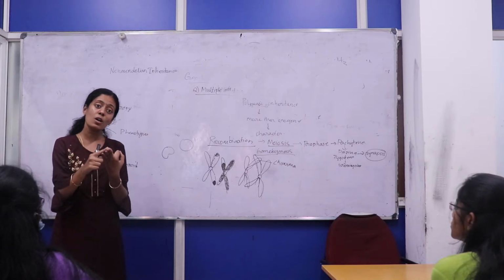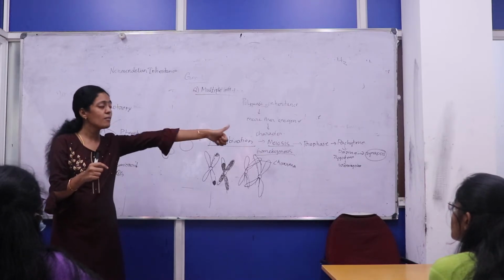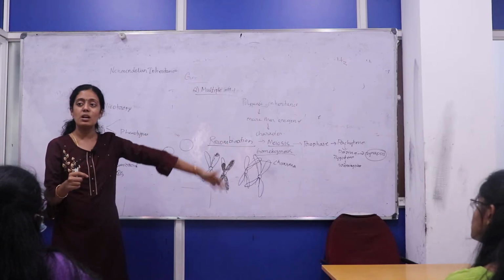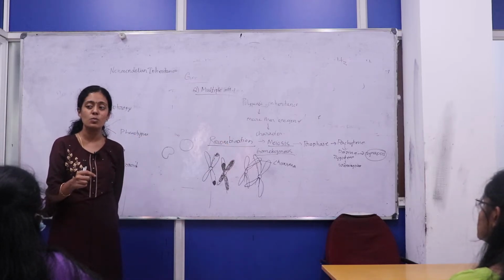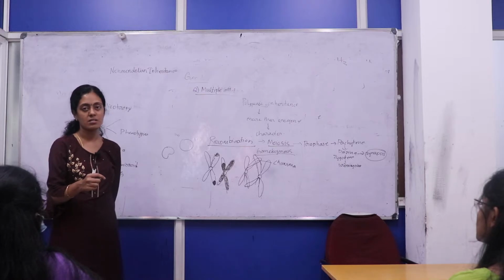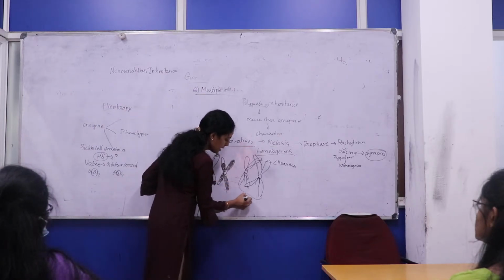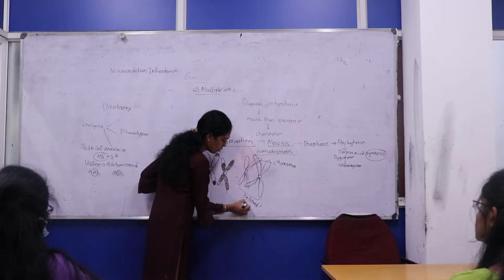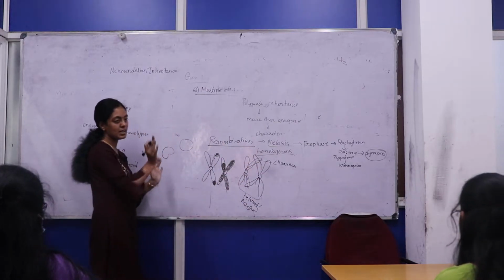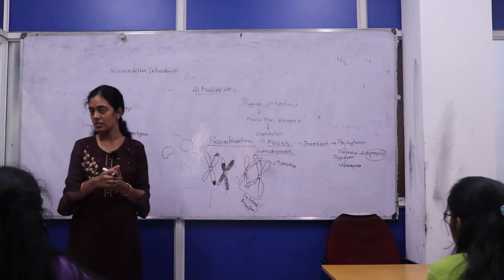But where does pairing of homologous chromosome take place? Pachytene. What is the process of pairing of homologous chromosome called? Synapsis. And these 4 chromosomes, the paired chromosomes, are called tetrad or bivalent. Don't ever forget this. Definitely one question will be asked based on crossing over.